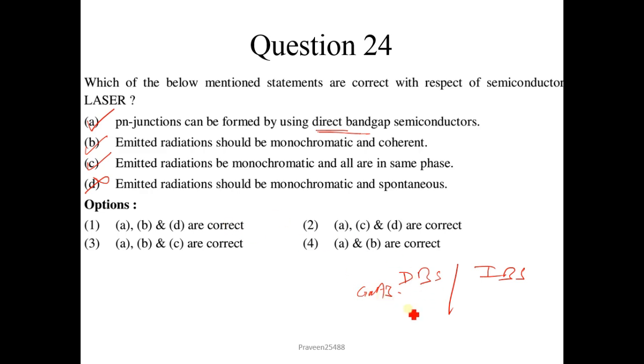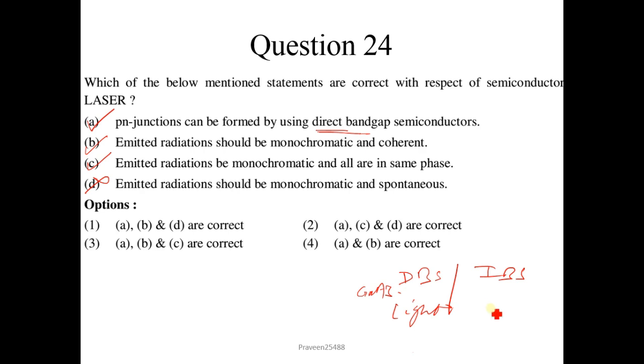Laser is also. So during the recombination, the energy is released in the form of light in direct band gap. The falling electrons from conduction band to valence band will be directly falling without any collision with the crystals of the atom, and energy is released in the form of light.